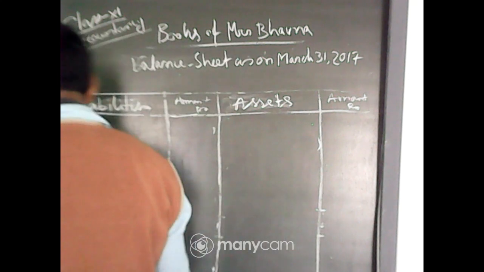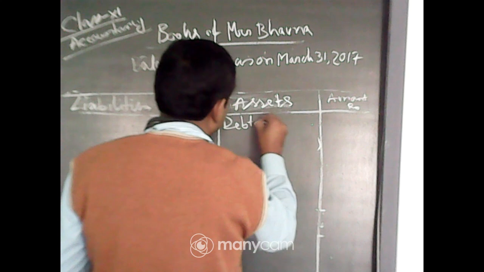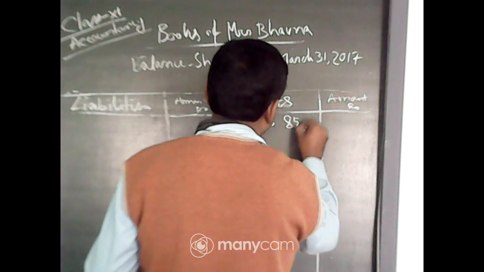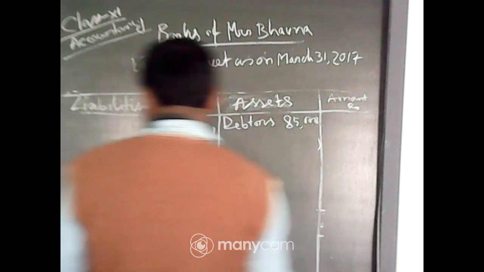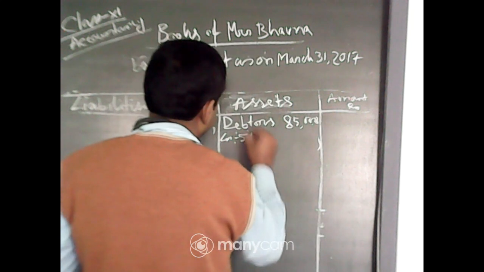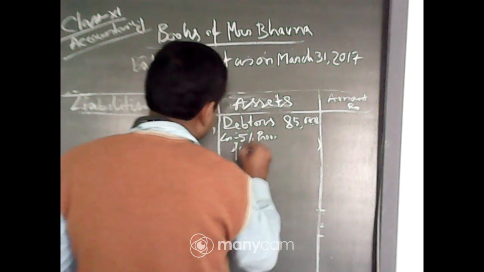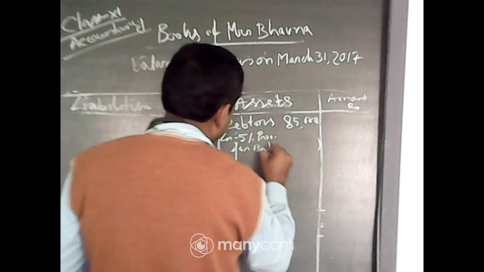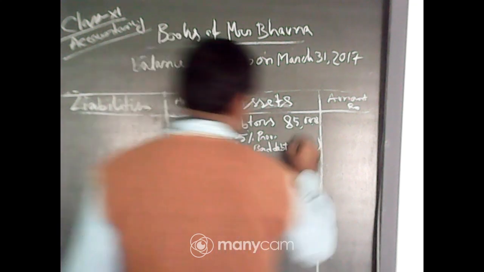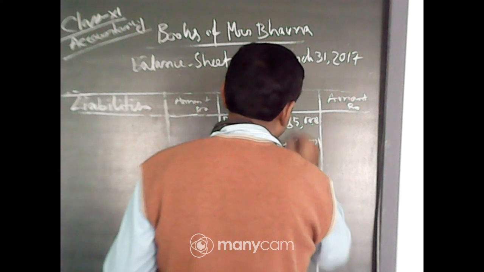Now first on the asset side we do debtors. So debtors, there is a doubtful debt, so in the inner column we write 85,000 and make a provision, that is less 5% provision for bad debt, and that we already charged in the profit and loss account, but here you have to deduct it, 4,250.